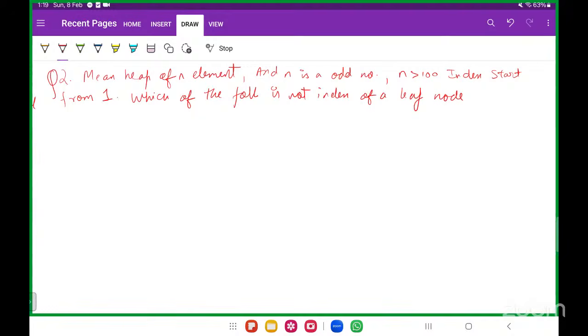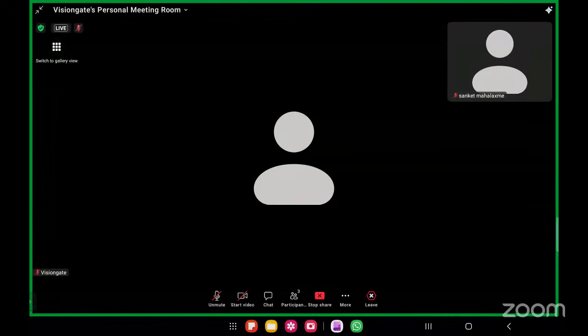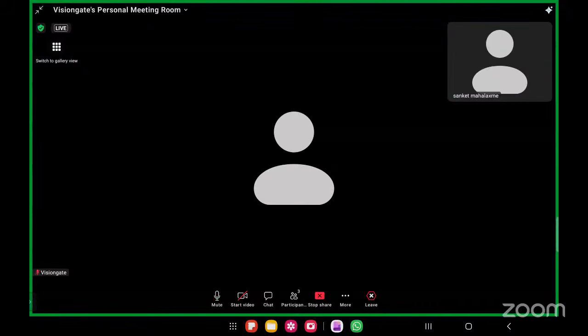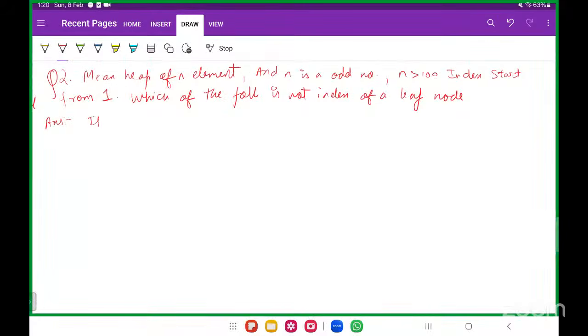Okay. So now please everyone understand what the method is. If the root index starts from 1 and you have total n elements, so how many elements? n elements. If there are n elements, the position of the last parent is the floor value of n by 2.